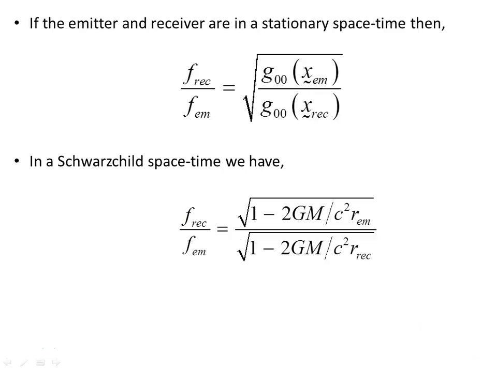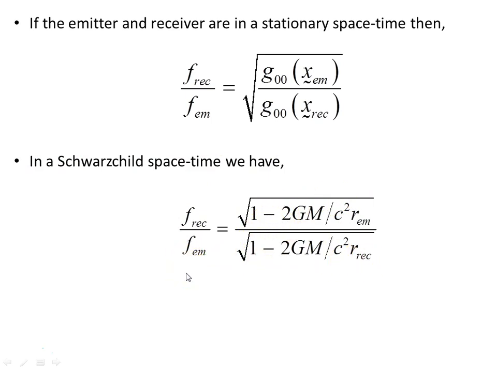Our next step now is, if the emitter and receiver are in a stationary space-time, that is, the metric is independent of the time coordinate, then it becomes even simpler. It becomes this object here, and in particular in the Schwarzschild space-time we have this object over this object.